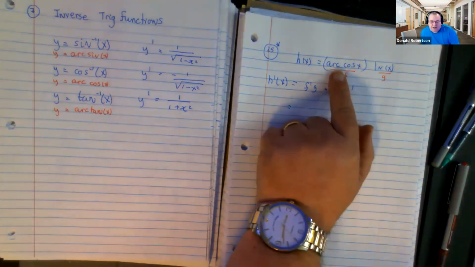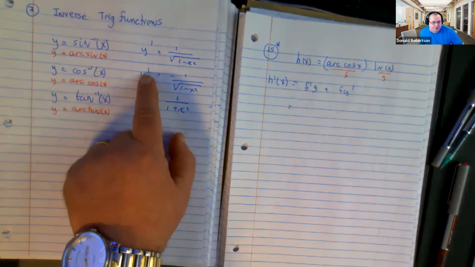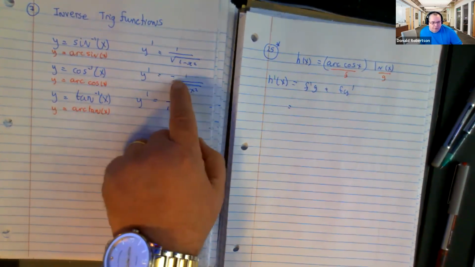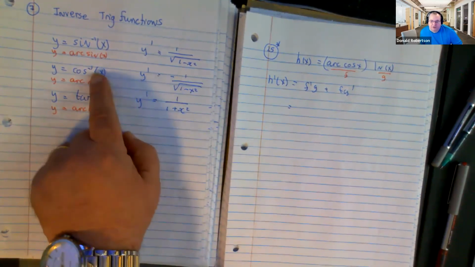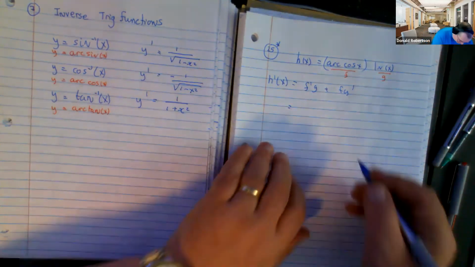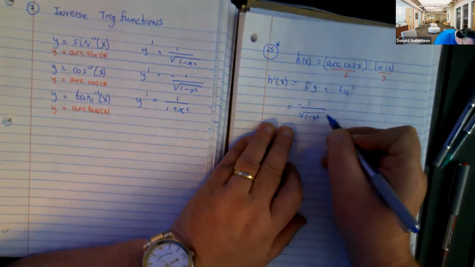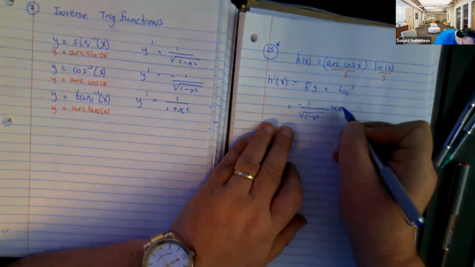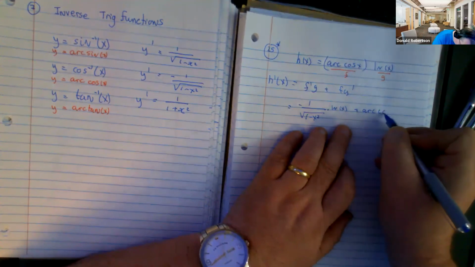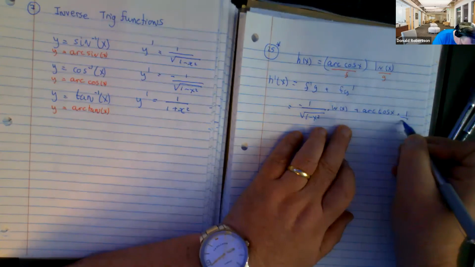Right. Arc cos is the same thing as the inverse cosine. So its derivative is -1 over the square root of 1 minus x squared, times g, plus the arc cosine of x times the derivative of the natural log, 1 over x.